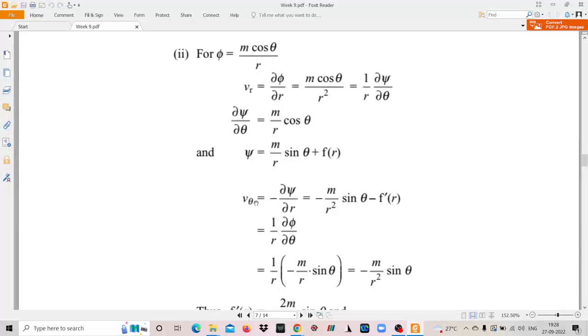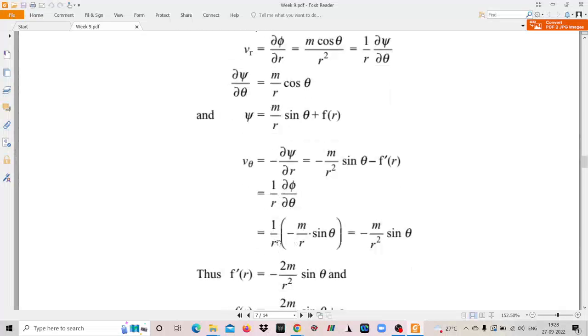Now V theta is 1 by r del phi by del theta. That is from the definition of V theta, or the definition of the equipotential function in the radial coordinate system. So 1 by r, what is del phi by del theta?